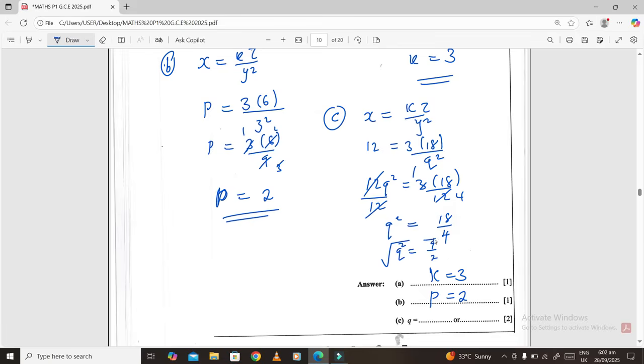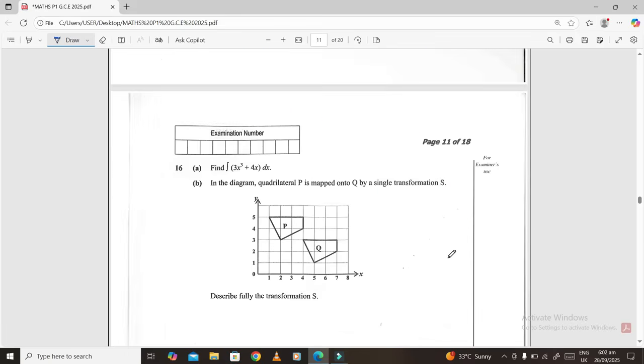So find the square root both sides. So the value of q is coming out to be positive or negative 3 over square root of 2. So we can say 3 over square root of 2, negative 3 over square root of 2. So those are the two answers.